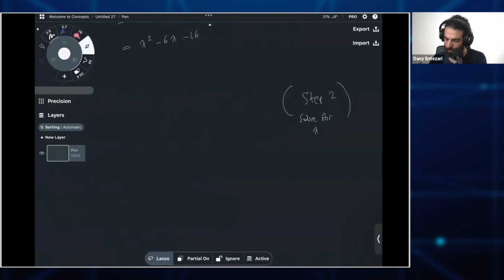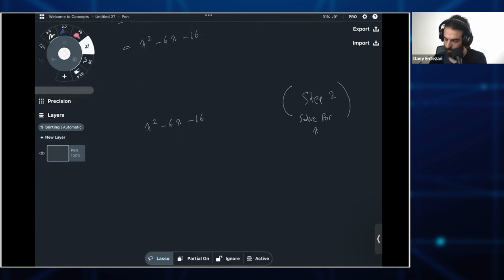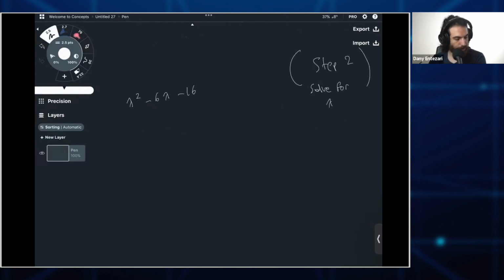So I'm going to copy this expression. We can factor these terms, so we will get lambda minus 8 and lambda plus 2, of course, is equal to 0.